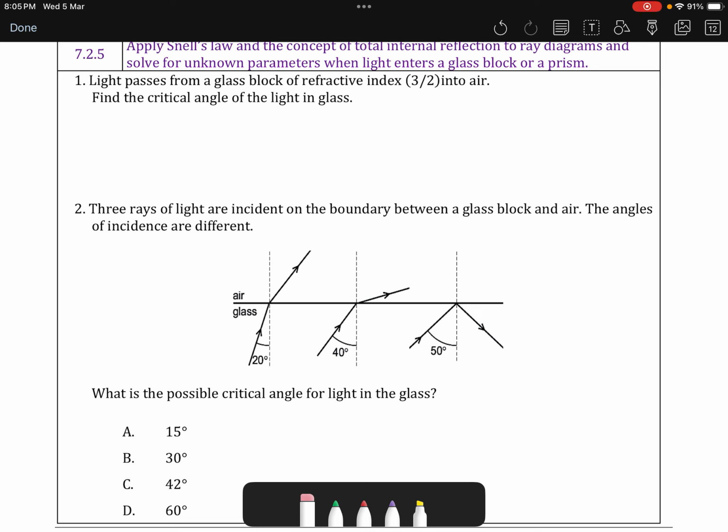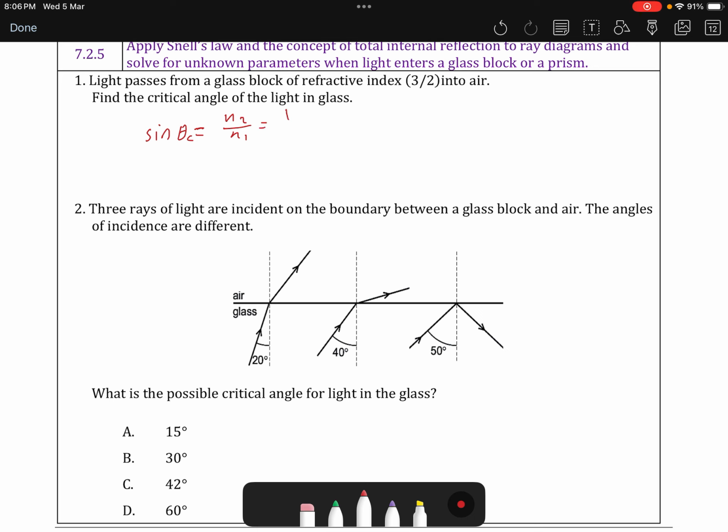Now, light passes from a glass block of refractive index 3/2 into air. Find the critical angle. As we said before, sine theta critical equals n2 over n1. n2 is the air.